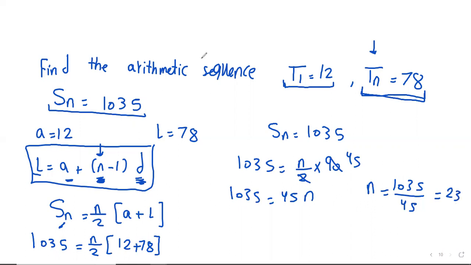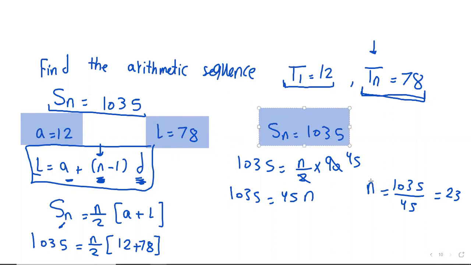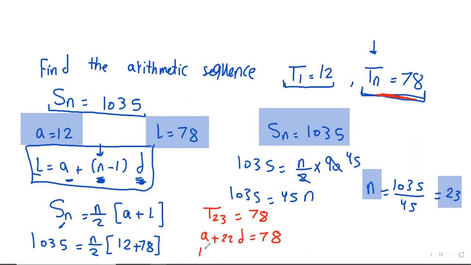So we have A, we have L, we have S23, because N is 23. Now we can find the last term, which is Tn, 78. So T23 is equal to 78, and T23 is A plus 22D equals 78. A is given as 12, plus 22D equals 78.